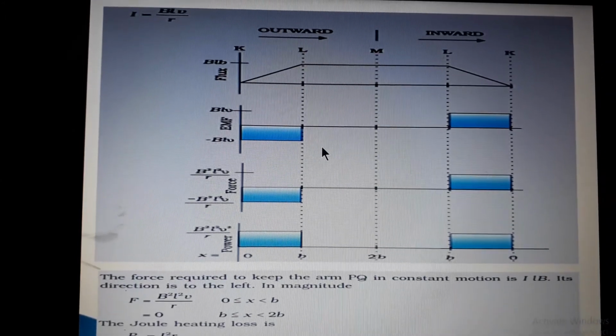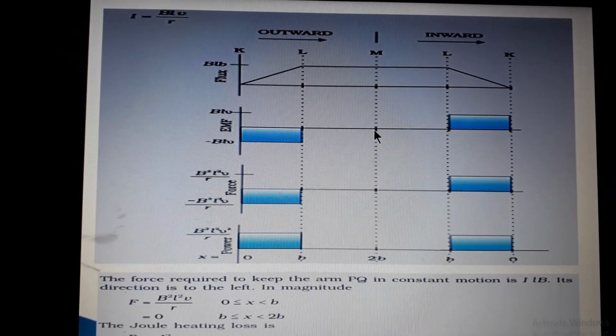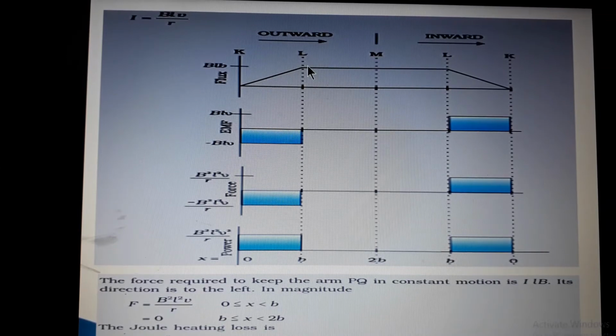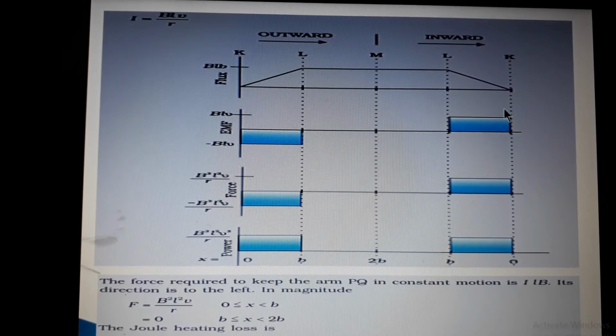Now look at the second figure. Again from L to L, the EMF is 0, but from 0 to L it is minus BLv, and from L to K it is plus BLv.